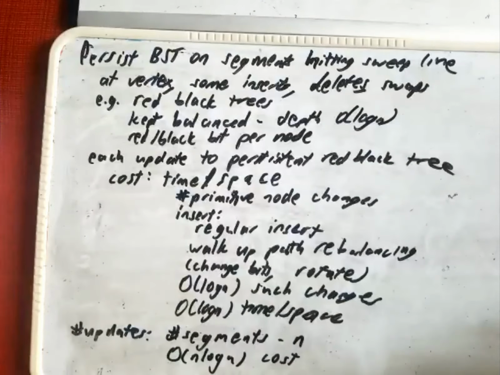I mean, you would find the update associated with it, which is basically finding which horizontal segment, and then you would just go down the tree. Exactly, right? Remember that the x-coordinate is time.